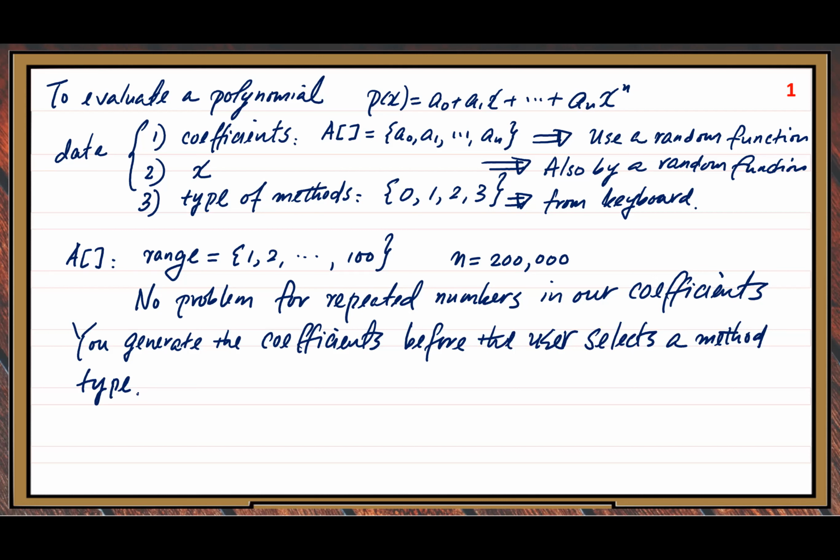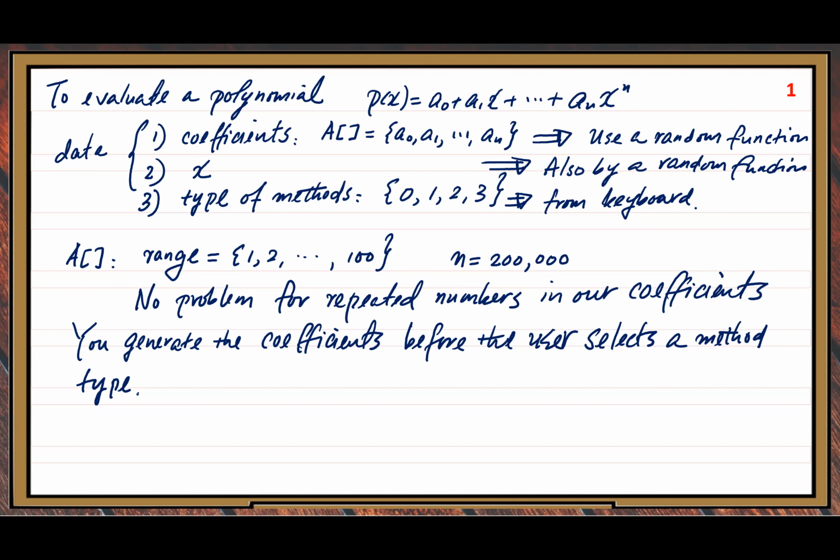So when you start a program, you generate the data first before you ask a user to select from the method list 1, 2, 3.